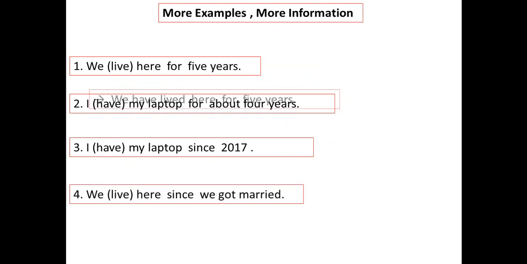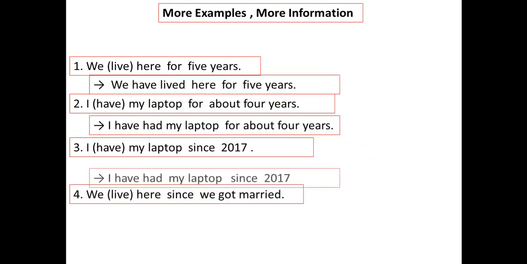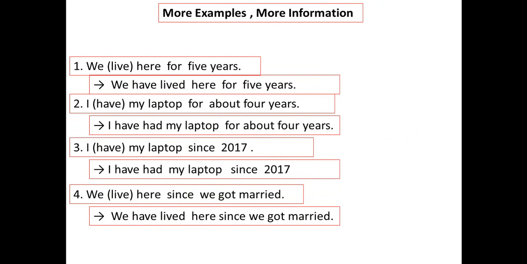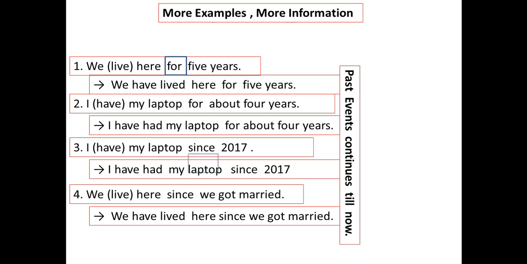So their restatements are: the sentences are in present perfect. This is because past events continue till now, that means past is connected with the present. But now look at the special use of prepositions here, for and since.